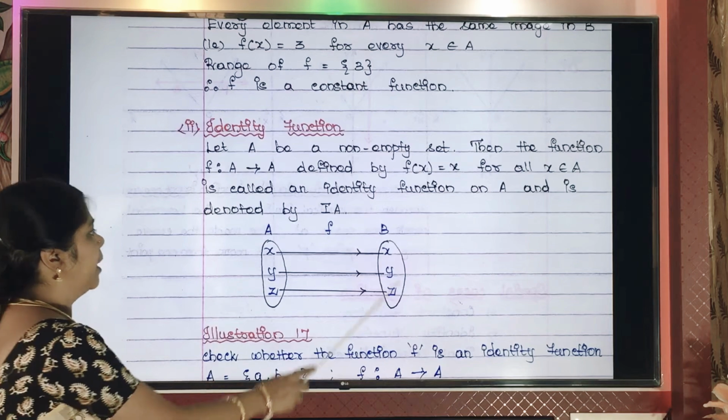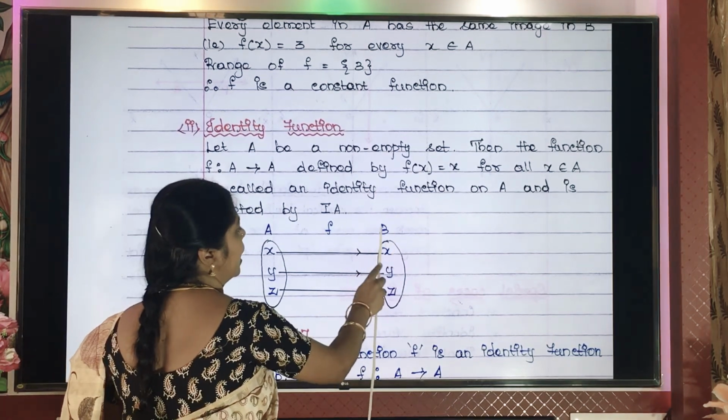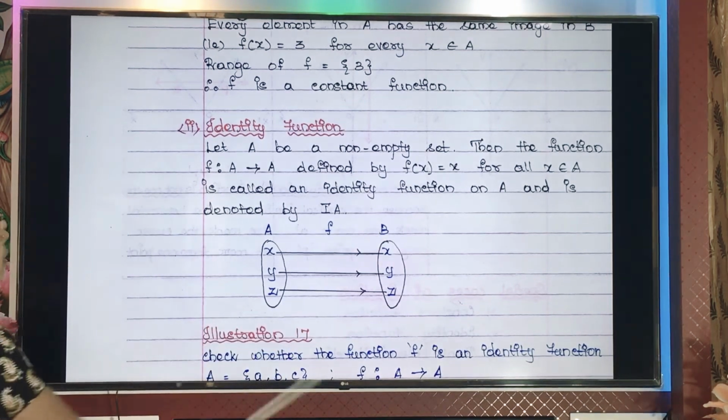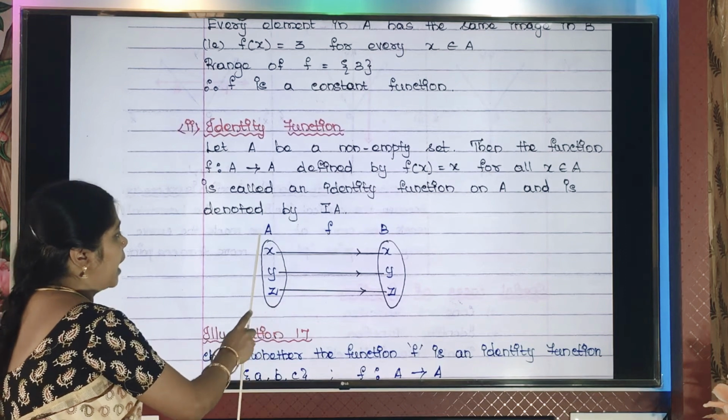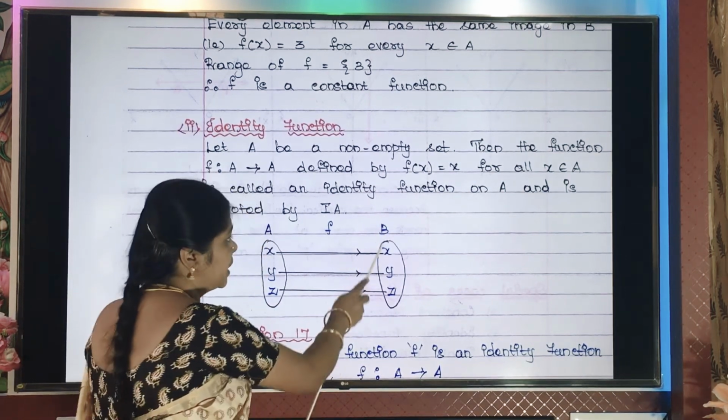I'm sorry, I made a mistake here. This is not B. Please correct. This is A. This is set A. So f is a function from A to A. Again I say, I'm sorry, I've written it B without knowing.